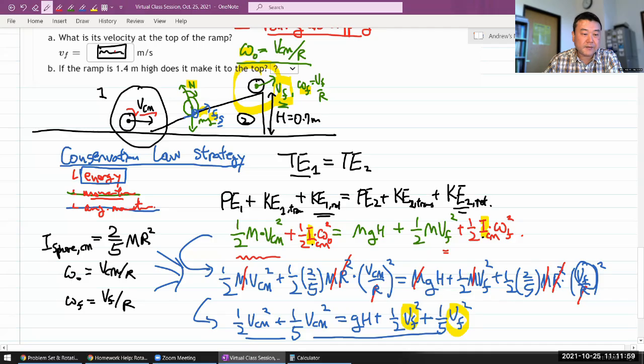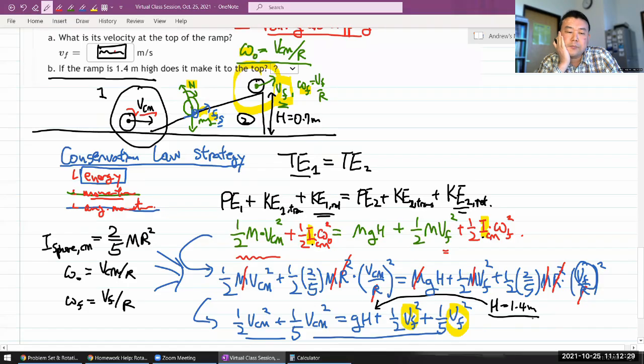Yeah, and in terms of part B, if the ramp is double the height, does it make it to the top? You can approach it in different ways. One way to answer that would be to just take this expression and try plugging in h equals 1.4 meters.